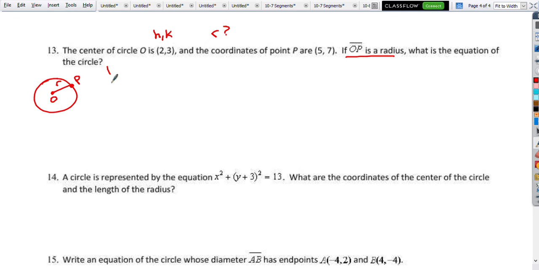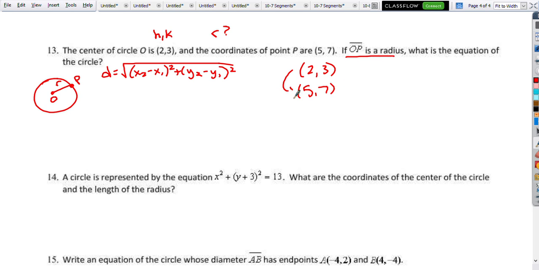So two ways. One, we're bopping out the distance formula, x2 minus x1 squared plus y2 minus y1 squared, or I'm using the old leapfrog. So from (2, 3) to the point (5, 7), I have to go right 3 and then up 4. So this is my change in x, that's my change in y.